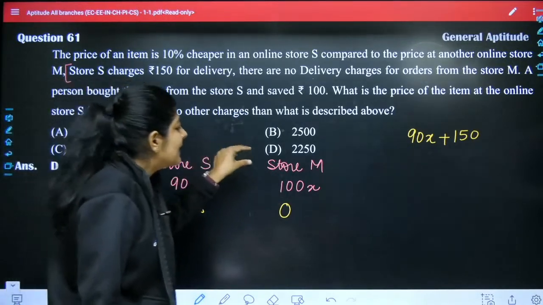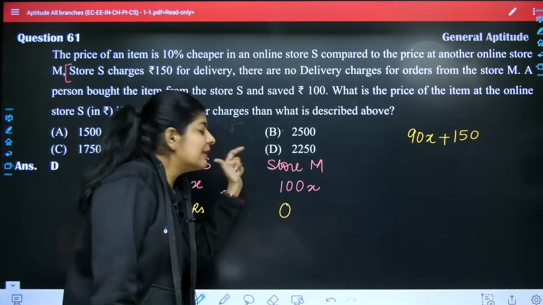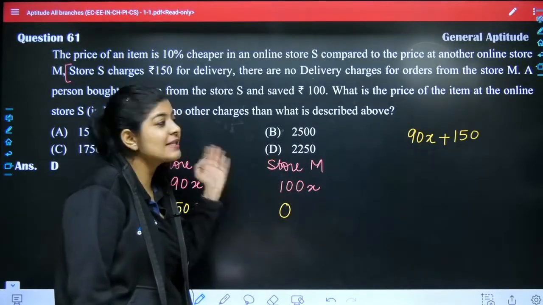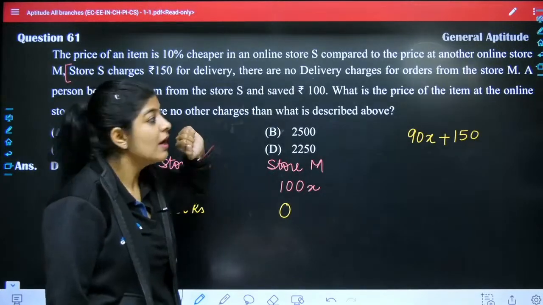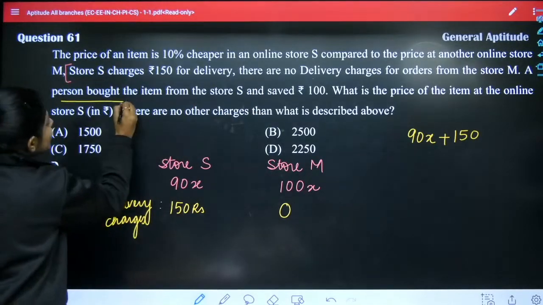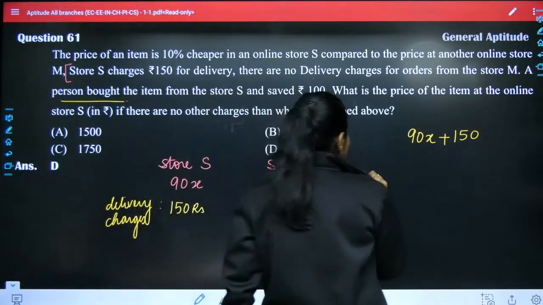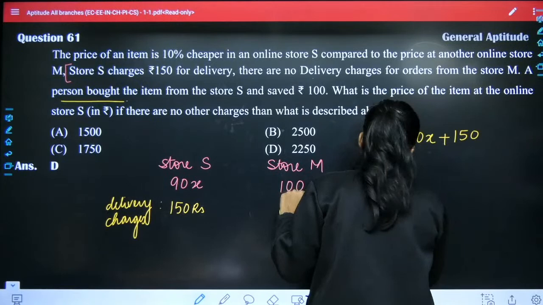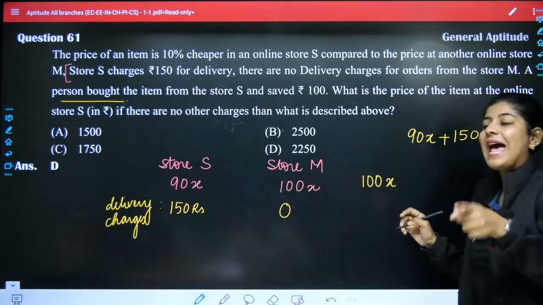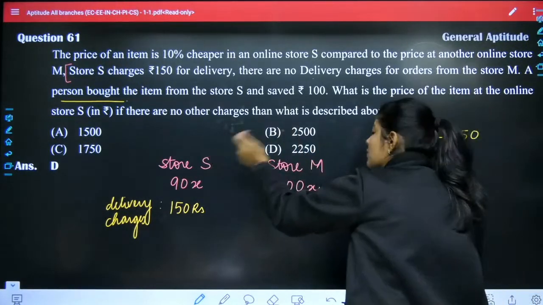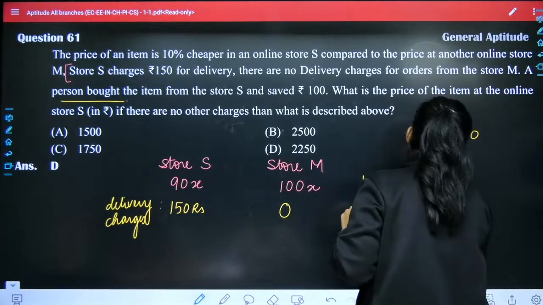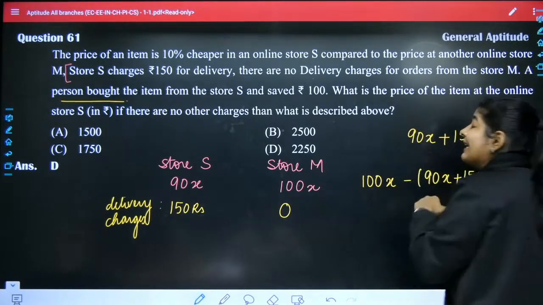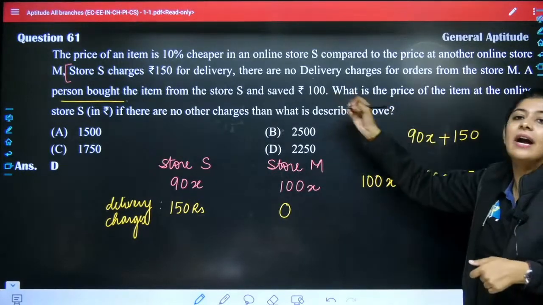Now if he purchased the item from store M, then he would need to pay 100x and 100 rupees more. So from this line we can say that if that person purchased from store M, he would need to pay 100x, but as he purchased the item from store S, he only pays 90x plus 150, and in this condition he saves 100 rupees.